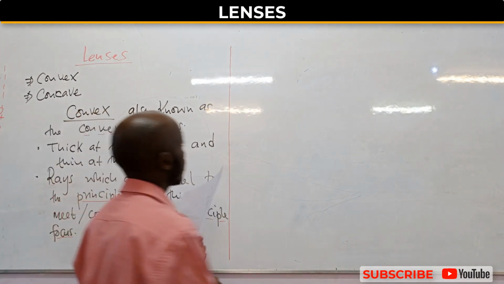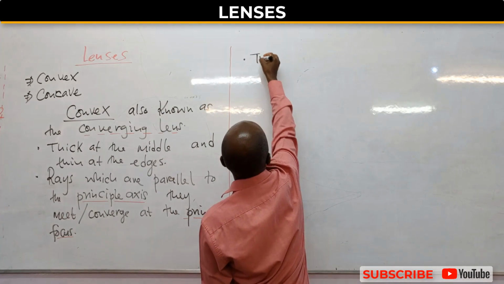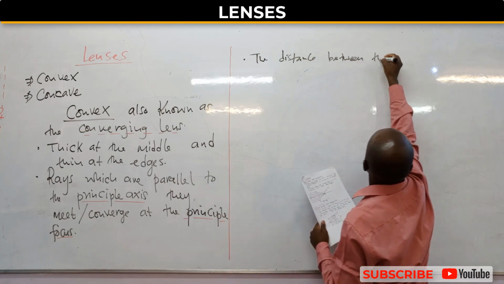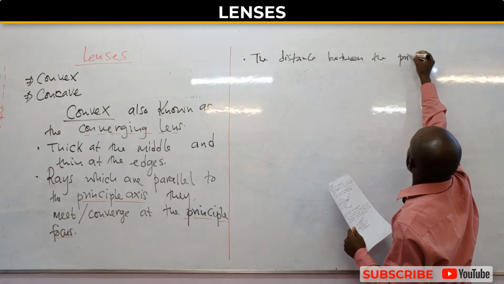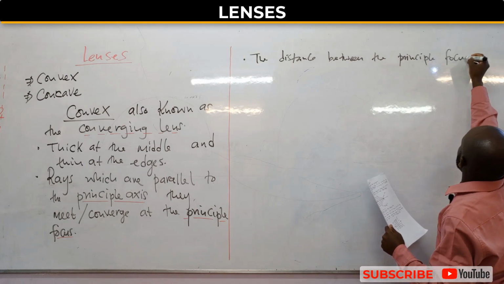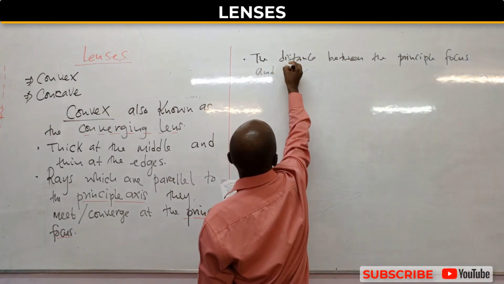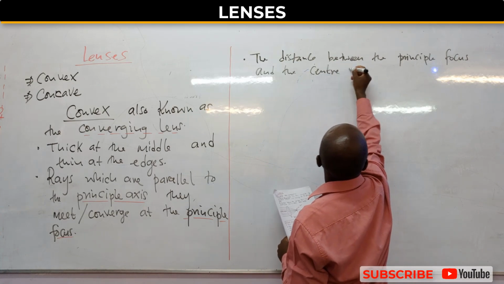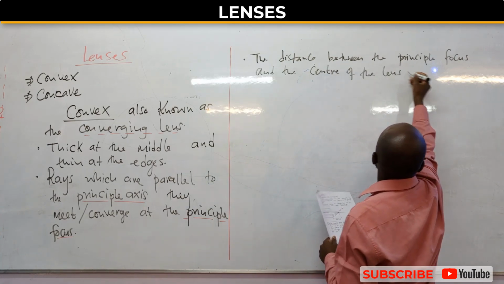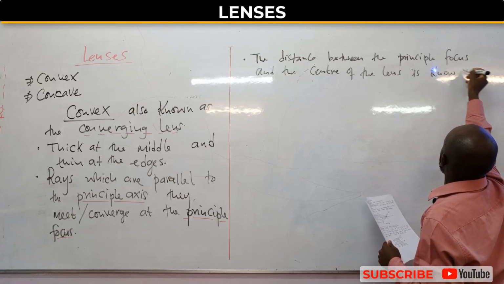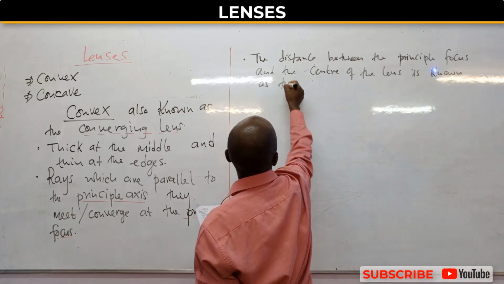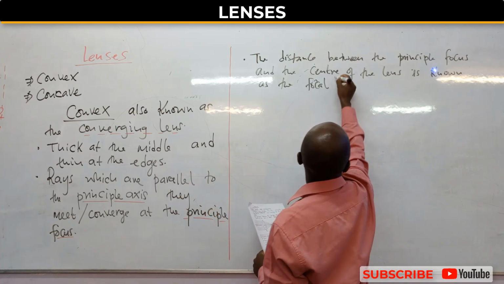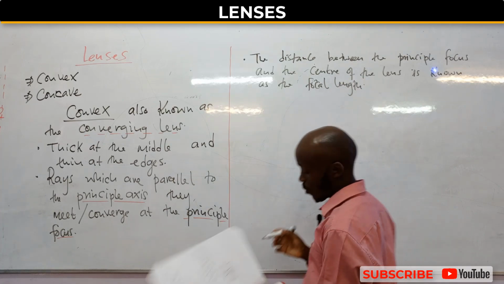We say the distance between the principal focus and the center of the lens is known as the focal length.